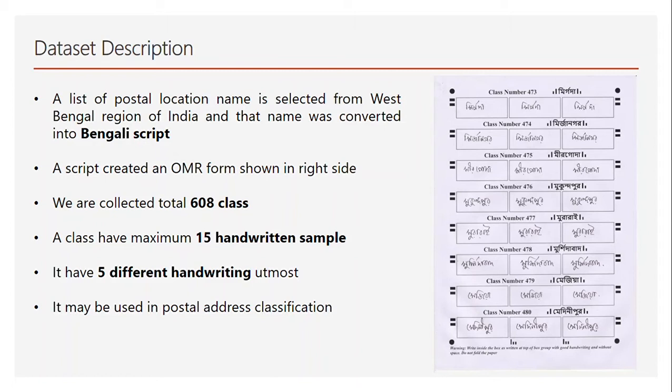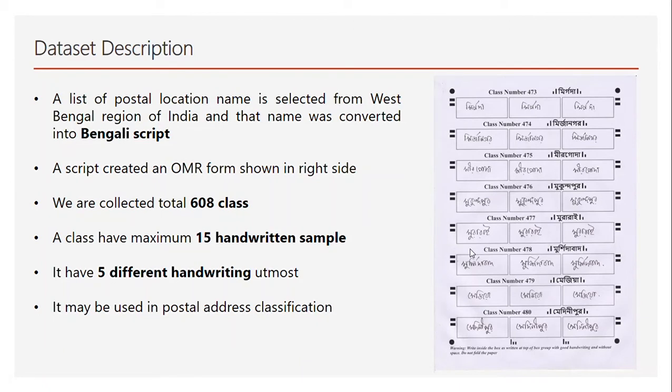The dataset has 608 classes, with a maximum of 15 handwriting samples and a minimum of 3 handwriting samples per class. This dataset may be used in future by postal agencies and other agencies.